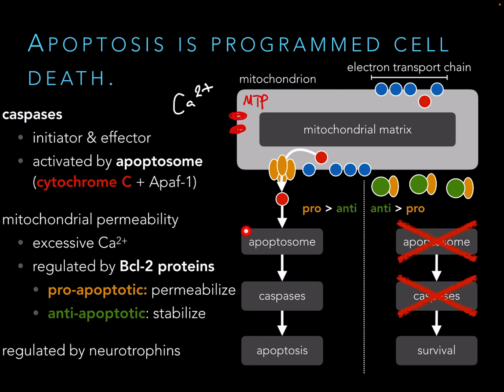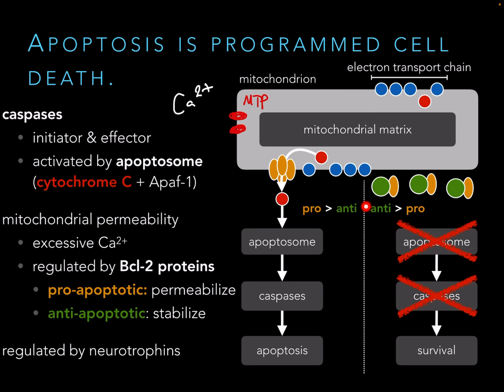The apoptosome is the structure that stimulates caspases, the enzymes that carry out apoptosis. So if we either have prolonged elevations in calcium or we make a whole lot more pro-apoptotic BCL2 proteins than anti-apoptotic, we get apoptosis.